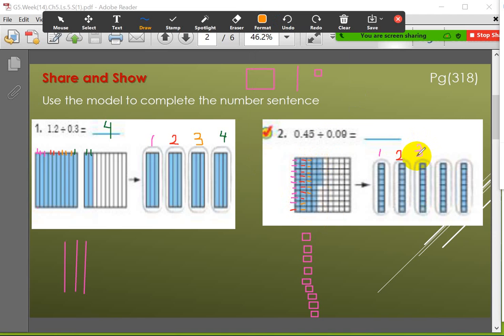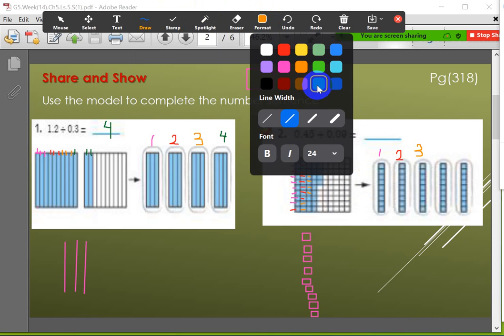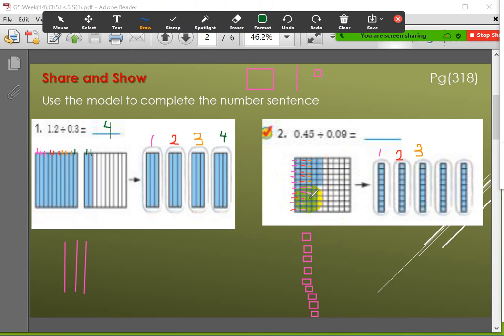This is the third group. Now green, also I have to count 9 small cubes: 1, 2, 3, 4, 5, 6, 7, 8, 9.